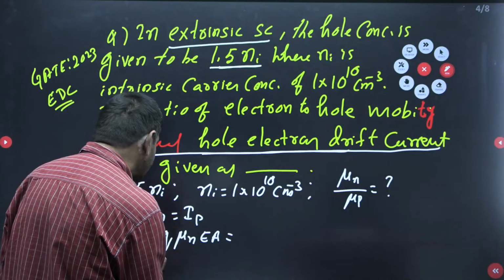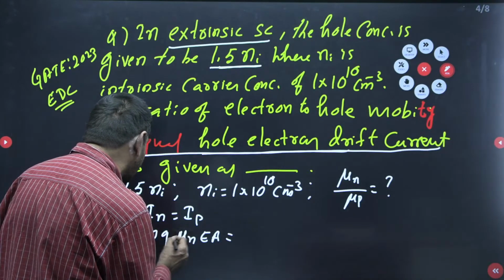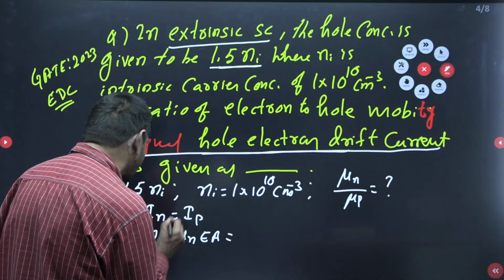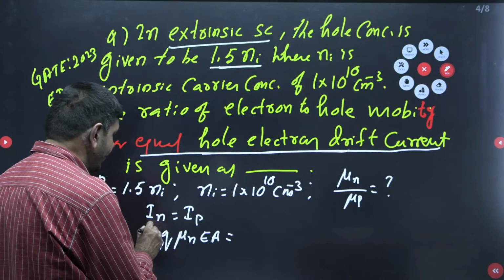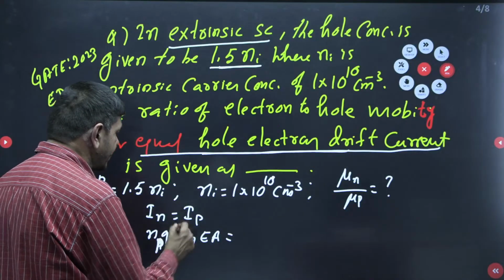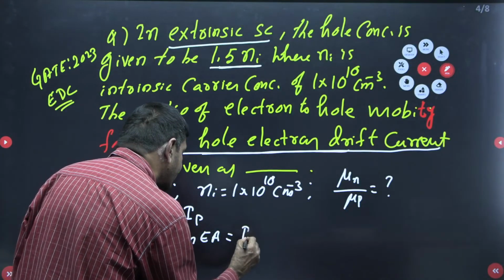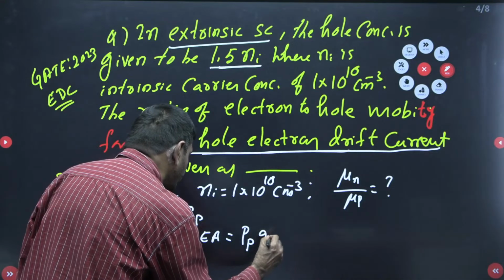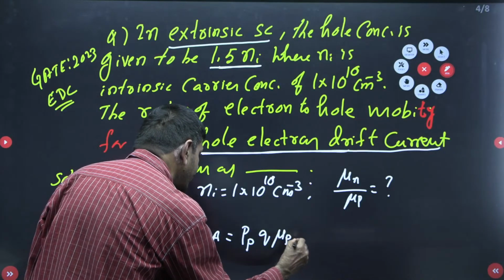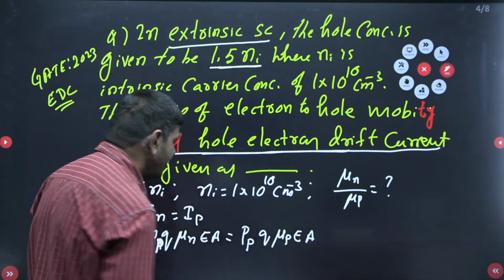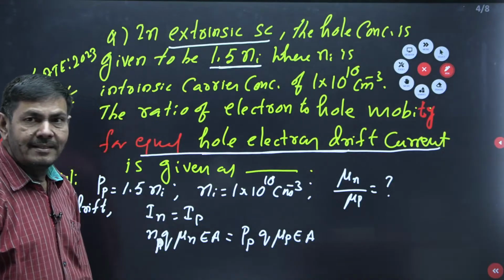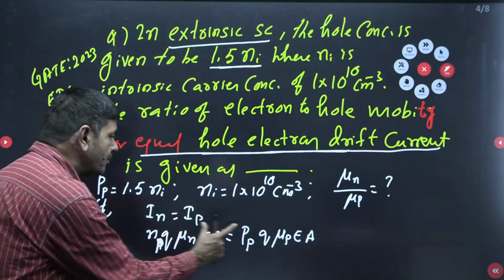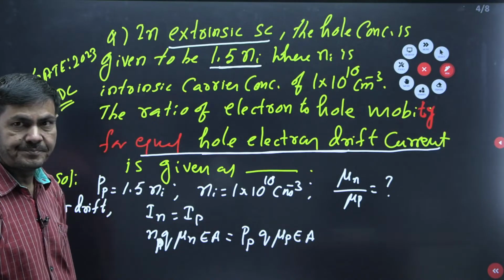I_P means, in place of N, the concentration of electrons. It is a p-type material, so I use N_p, the electron concentration in the p-type semiconductor. I_P is the holes concentration, p_p, into Q into mu_p into E into A. The drift current due to the electrons is taken by this, and the drift current due to the holes by this formula.